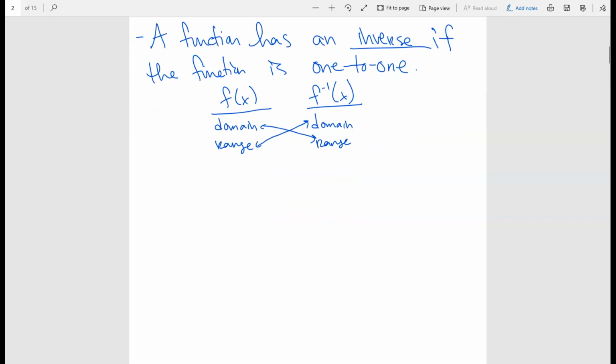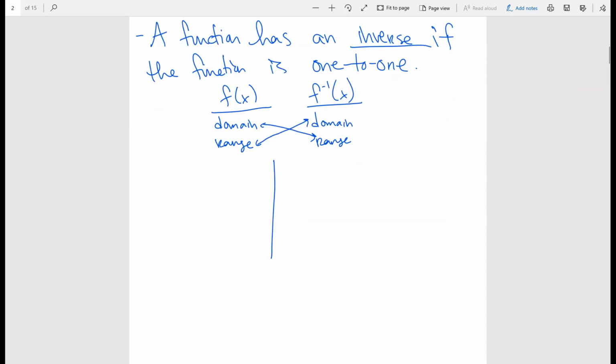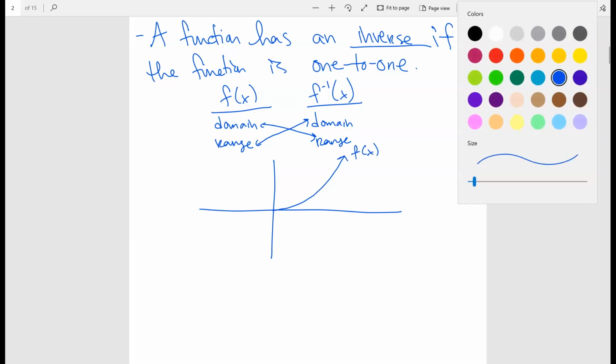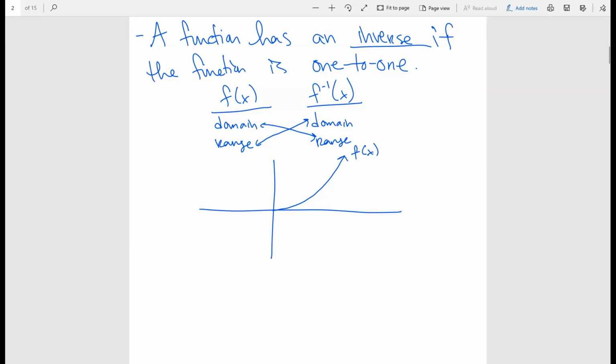Graphically, let's say this is the original function, f of x. Because we're changing up all the x and the y values, imagine that you have a straight line y equals x here. So this is the graph y equals x.